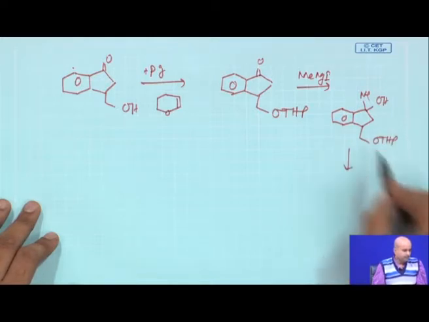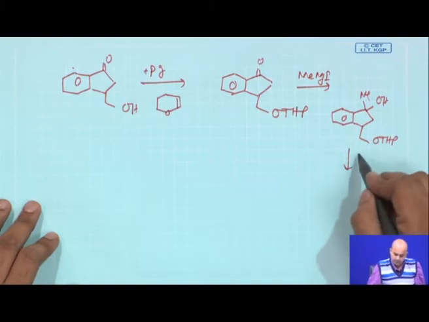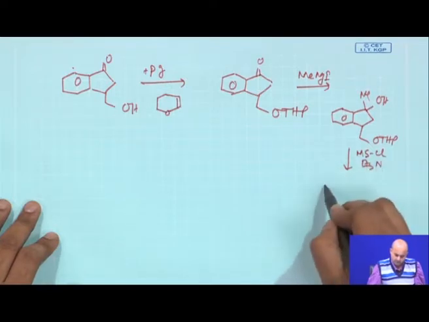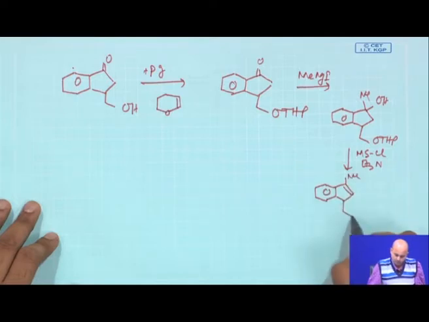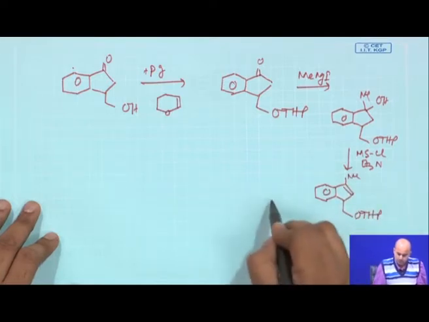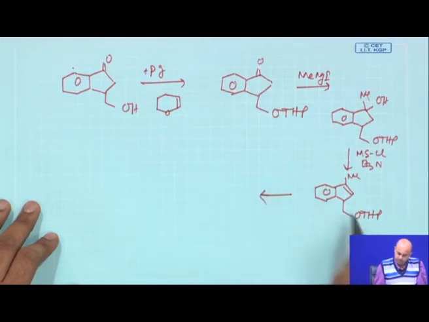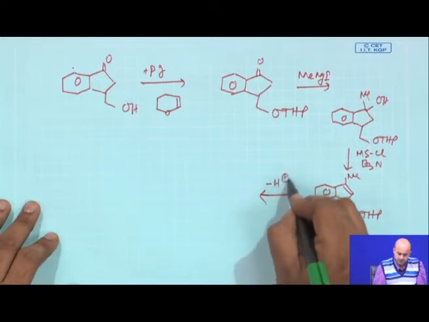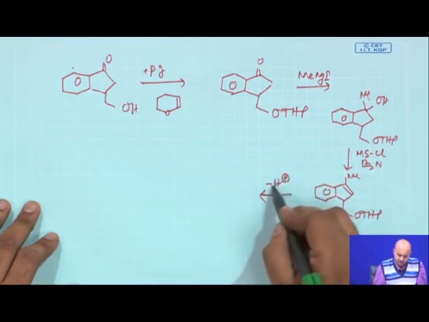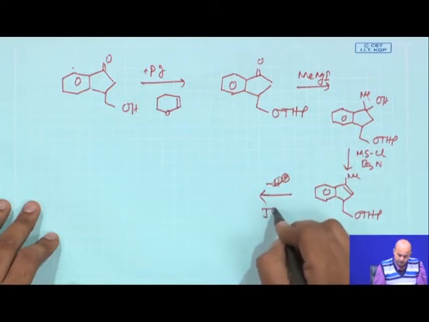Now, we need to do a simple elimination. The best way to do the elimination is to convert this alcohol to a mesylate and heat with triethylamine, which will give you an E2 elimination, and the methyl is now in place. Okay. So you are almost completing the steps; the top part is done. Now you remove the THP group, and in reality it was done through a condition called Jones oxidation.